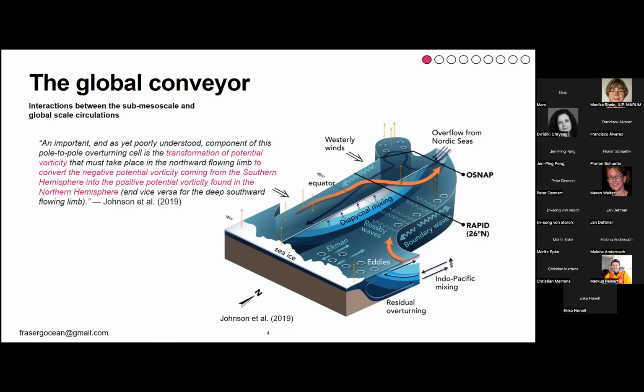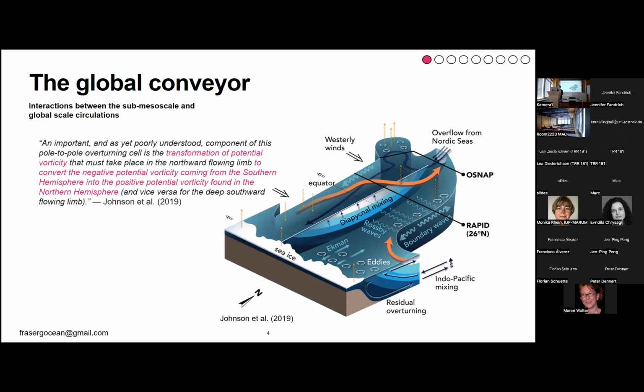This quote's from the same paper, and it basically says: an important and as yet poorly understood component of this pole-to-pole overturning cell is a transformation of potential vorticity that must take place in the northward flowing limb to convert negative potential vorticity coming from the southern hemisphere into the positive potential vorticity found in the northern hemisphere. What this is saying is that in the southern hemisphere we have mainly negative potential vorticity, and in the northern hemisphere mainly positive potential vorticity.